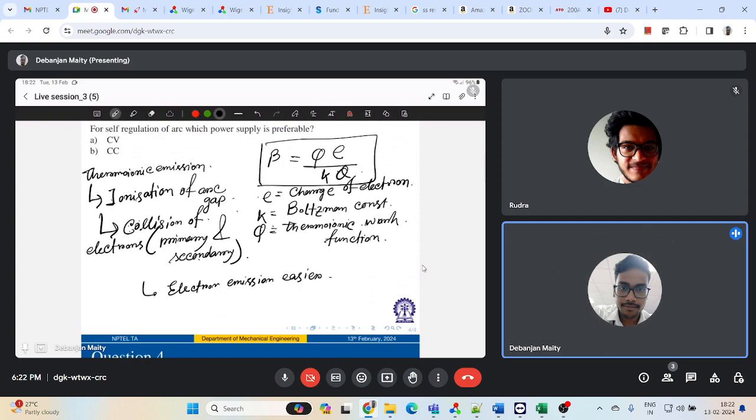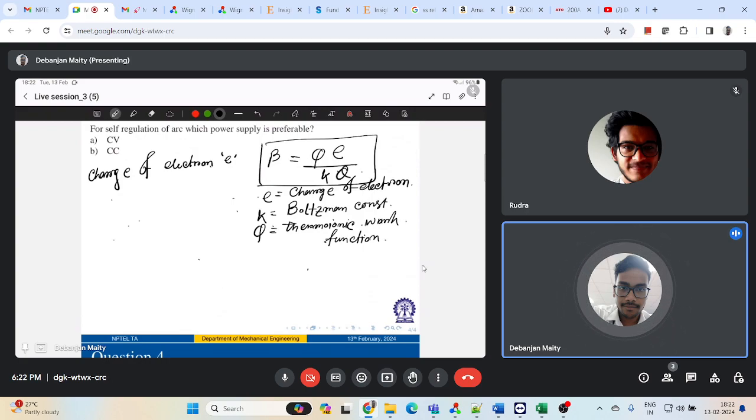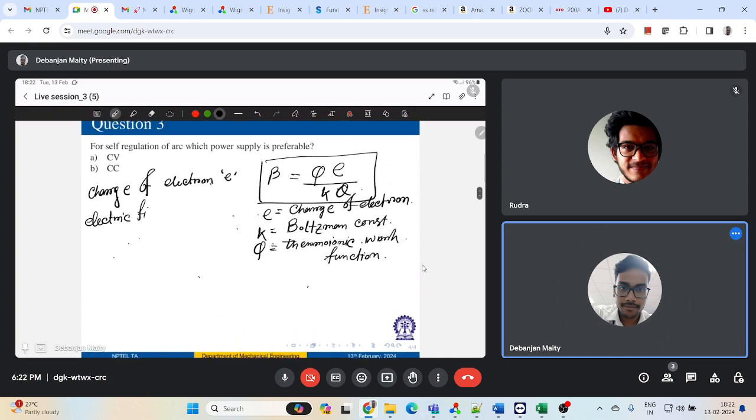Now let's say the charge of the electron is E, and that is moving in an electric field of gradient capital E. What will be the unit?